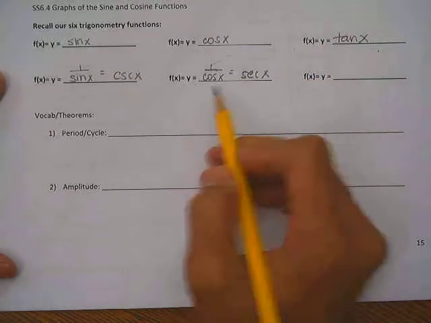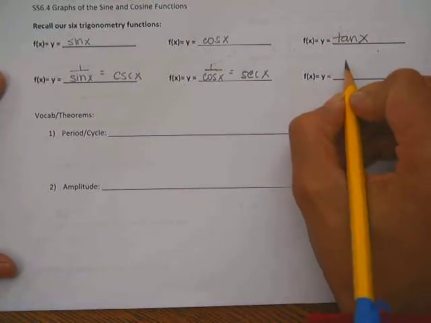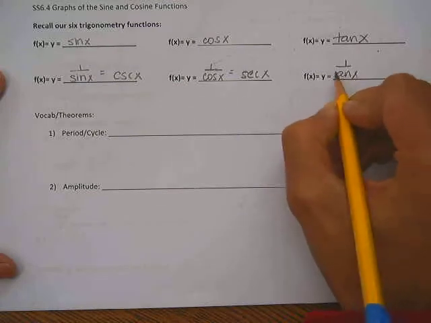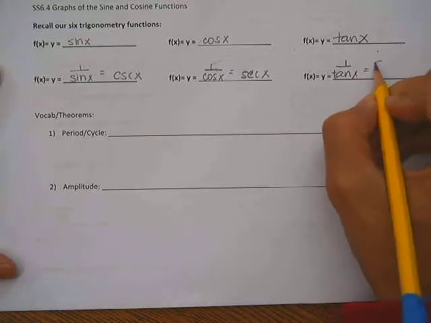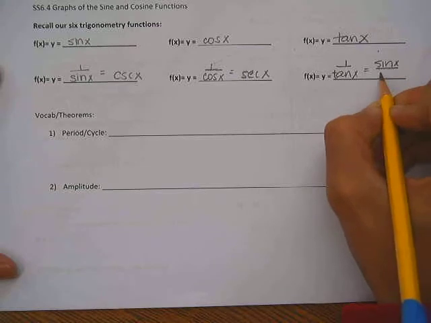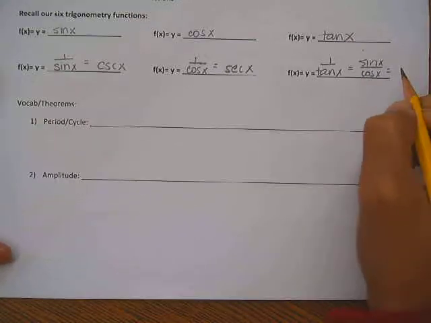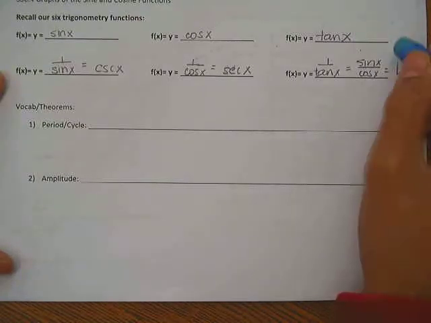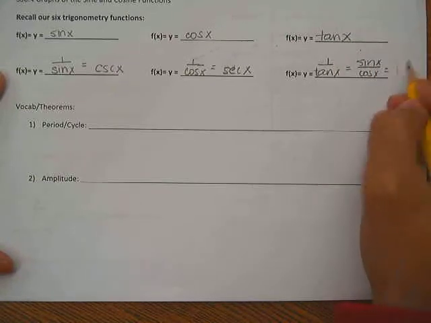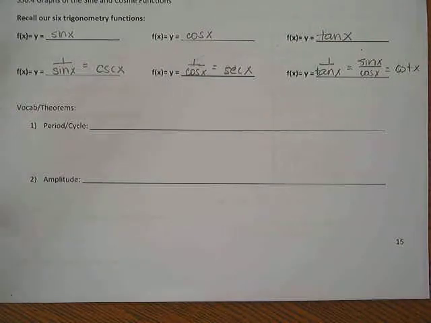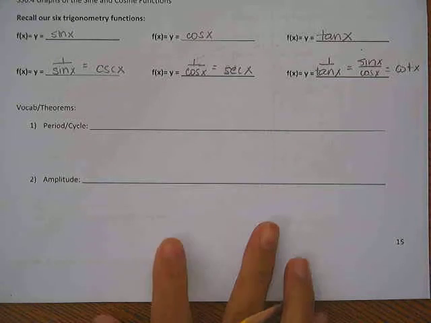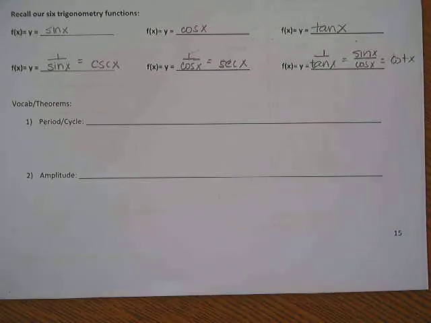And this is going to be 1 over tangent, which is the same as cosine of x divided by sine of x, which is going to be cotangent of x. So these are the 6 awesome looking trigonometry functions, okay?